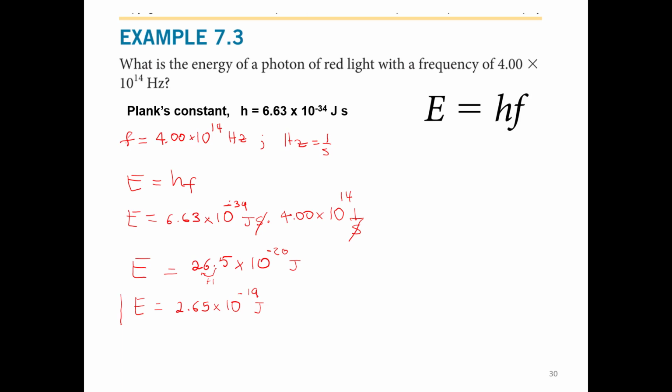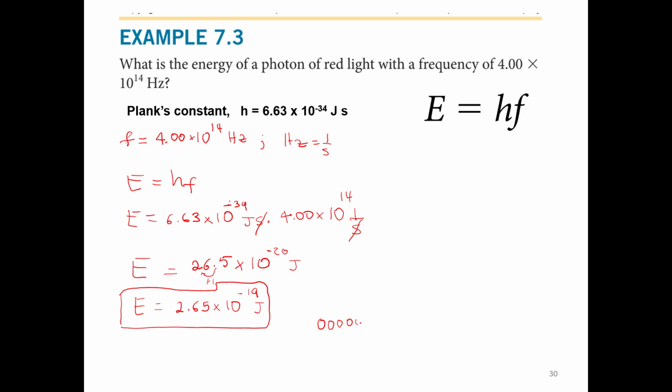Yes, this is minus 19. But remember, this is the energy just for one quantum. And if you have a ray of red light, you have billions of quanta. This is why if you add all these quanta, you will have a significant amount of energy.